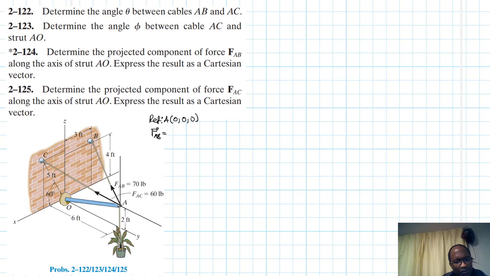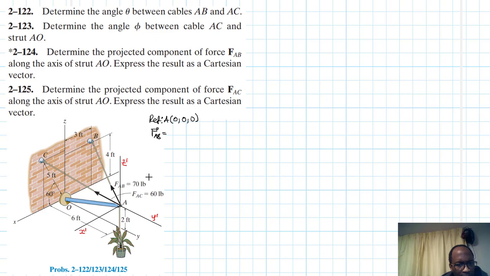Let's label it. This is our Z prime, this is our Y prime, this is our X prime. Great. So RAB, what are the coordinates of B with respect to A?